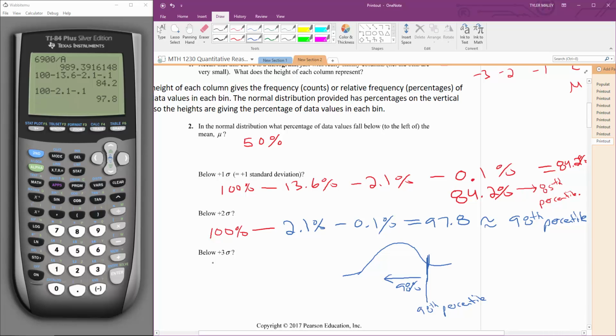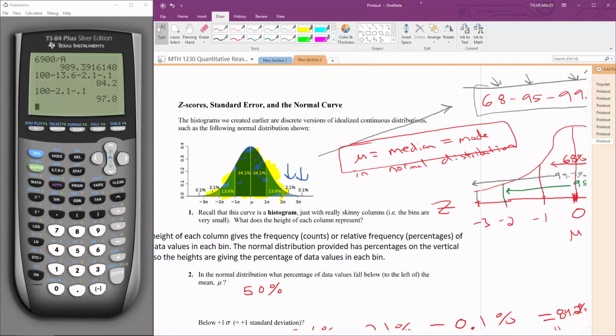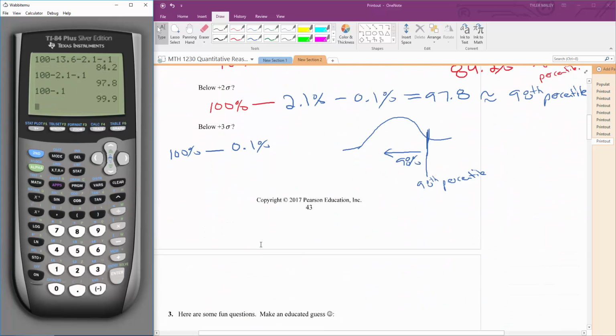If we do below plus 3 sigma, I would take 100% minus just the 0.1%. Looking back at our diagram, we're including the area between 2 sigma and 3 sigma, so now I just take 100 minus 0.1, which gives 99.9%.